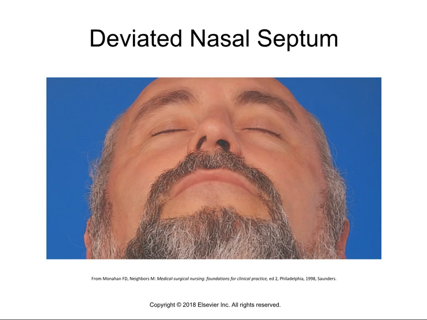If this was a severe deviation, it could cause an obstruction in the nasal passage, in which case that individual would need rhinoplasty or septoplasty to repair. If it does not cause an obstruction, though, rhinoplasty or septoplasty would just be cosmetic, for looks purposes only.